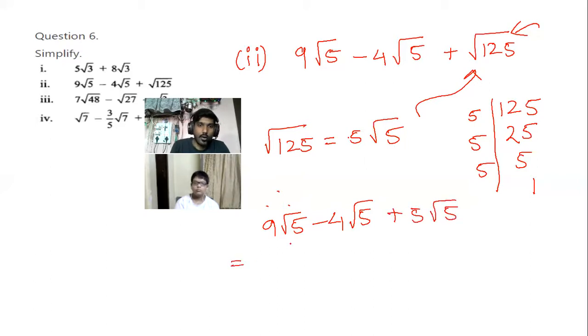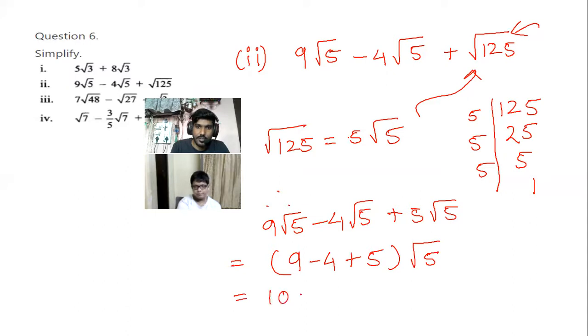Now, all the three terms, do they have the same radicand? Yes, sir. So you write that common radicand outside and inside the bracket 9 minus 4 plus 5. How much is 9 minus 4 plus 5? 10. So the answer is 10 root 5. Did you understand this? Yes, sir.